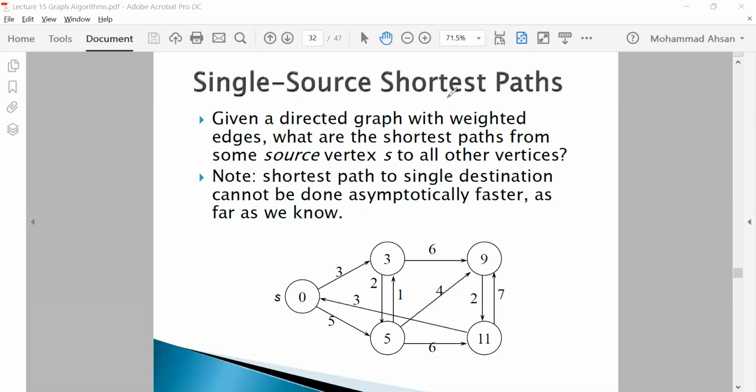There is a cycle: 0, 3, 9, 11, 0. If you see the weight of this cycle, it is 3 plus 6, 9, plus 2, 11, plus 3, 14. So the current cycle weight is 14.